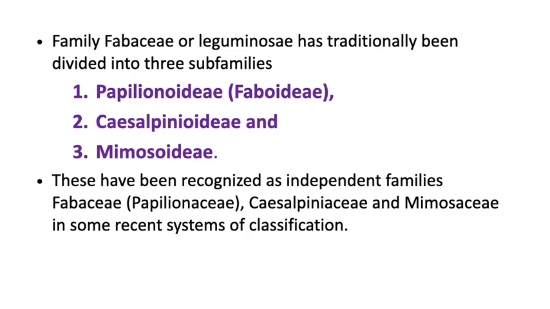When we raise their ranks, we have to change their names also. It is then written as Fabaceae or Papilionaceae, Caesalpiniaceae and Mimosaceae, as seen in recent systems of classification, and this trend is seen to be reversing nowadays.